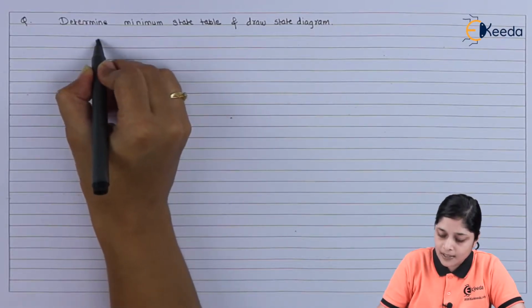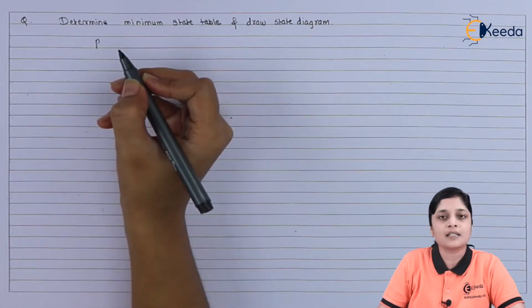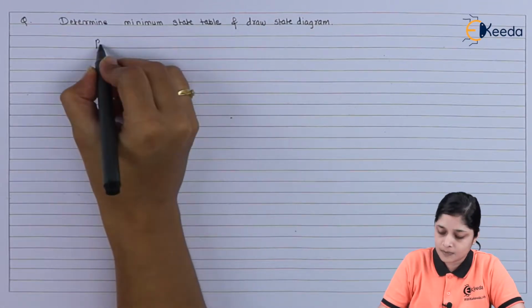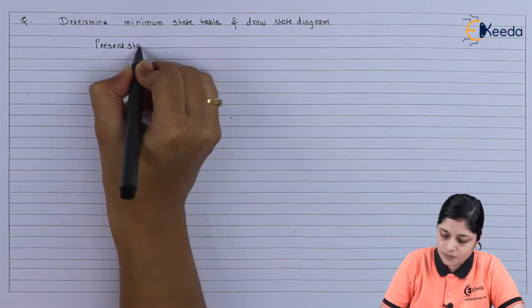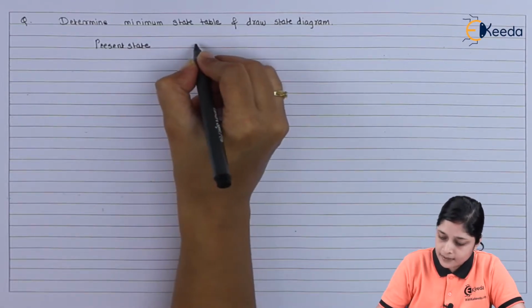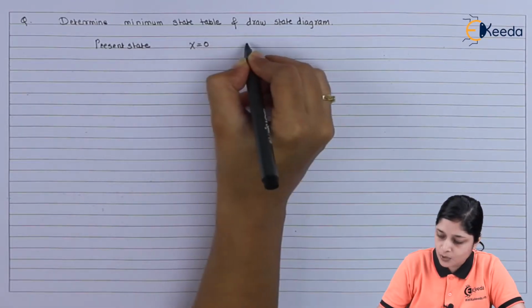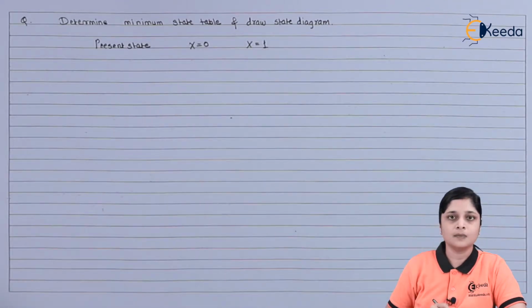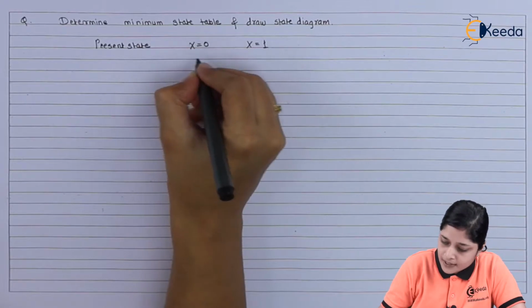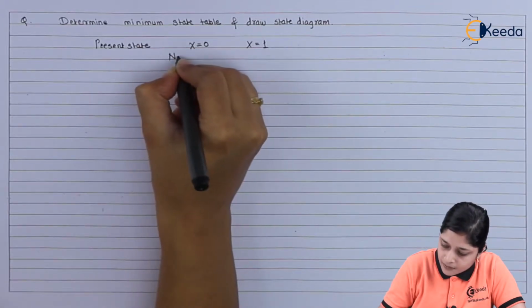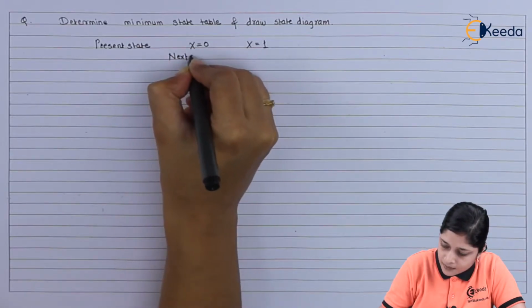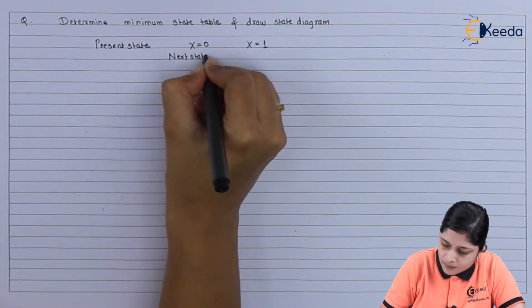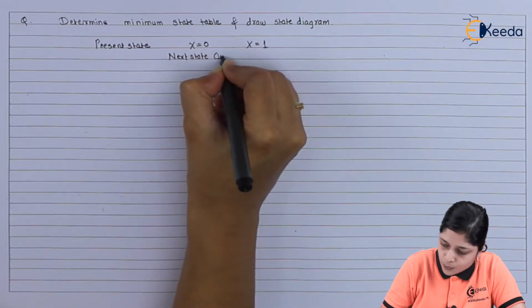It is given that it consists of the present state, then x equals 0 and x equals 1. After that, next state and output.